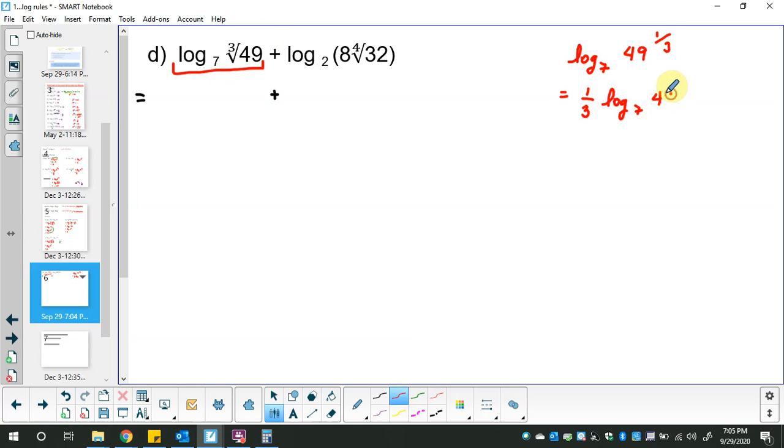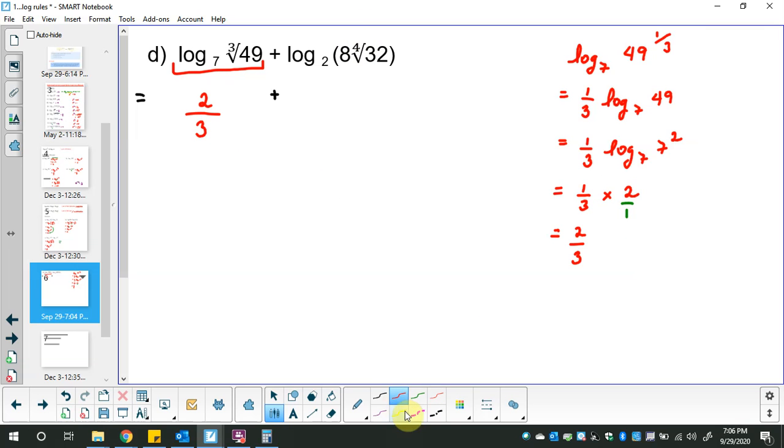And you can write this line if you want. And then figure out how many 7s make 49. So the answer is 2. And you matched. So this is 1/3 times 2, which is actually 2 over 1. So we can multiply across the top, multiply across the bottom, and this part of the question simplifies down to 2/3.